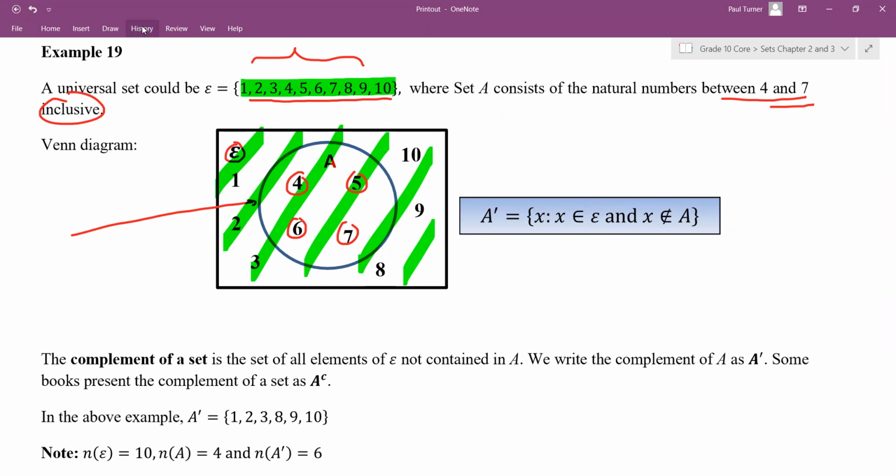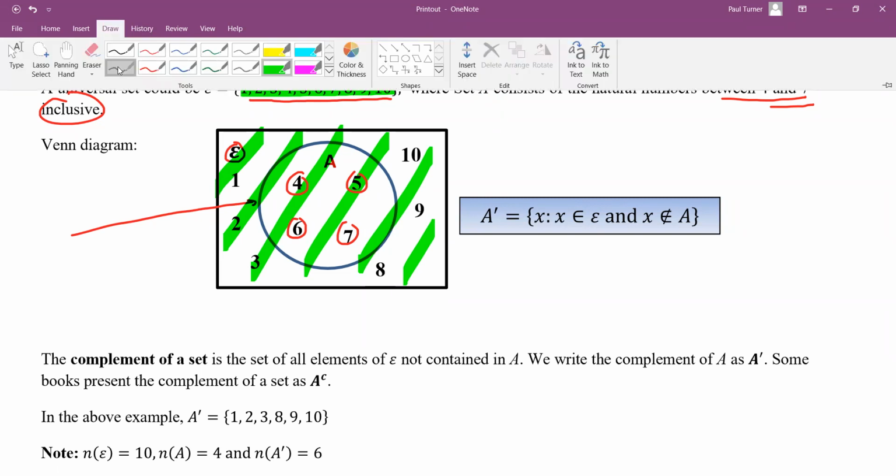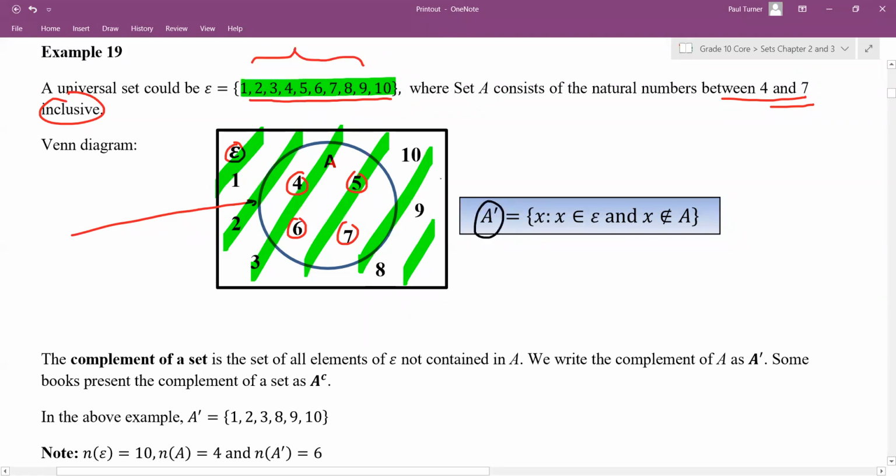So what we've got written here is this symbol. You see what I've written here? This is complement of A. So what you've got, set A is 4, 5, 6, 7.